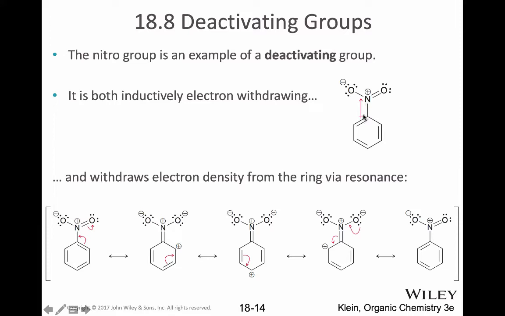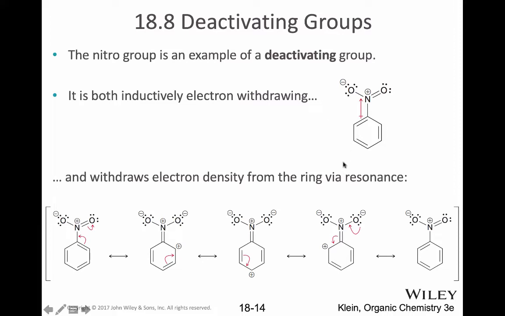So it's going to be pulling the electrons toward it from an inductive standpoint. Also, I can draw resonance structures in this case where the electrons are moving out of the aromatic ring, and that's going to deactivate the aromatic ring toward nucleophilic attack. And remember, in electrophilic aromatic substitutions, the first step, the nucleophilic attack step, is the rate determining step.